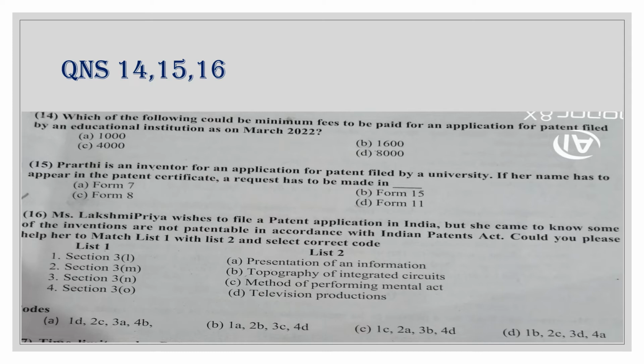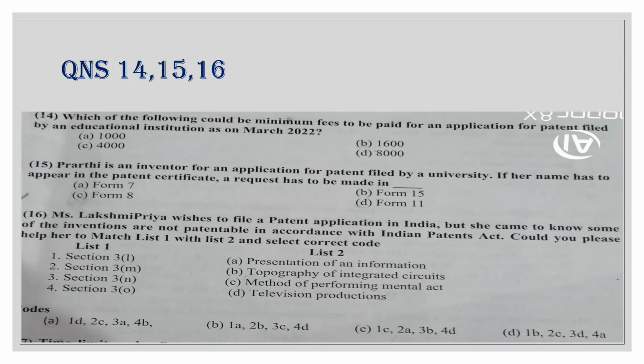As we know, some new amendments are done as per the education policy. So we can find out in the proper schedule, actually you can find out the fee. So here the correct option I can choose is option B, that is 1600. Okay, so we can say that this is the minimum fee to be paid for an application for patent filed by an educational institution as on March 2022.